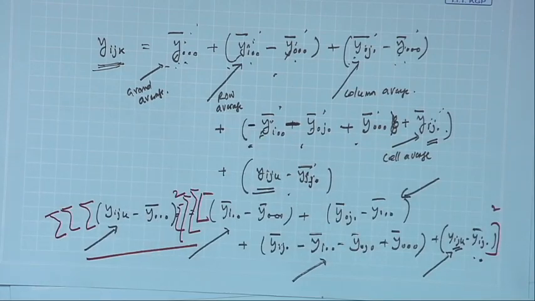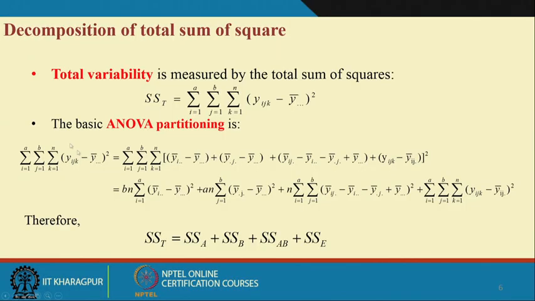So let us see the slide here. On the left hand side, the individual observation is subtracted by the grand average, and when we take the square, this is known as the sum of squares total. When you expand this quantity and take the appropriate sums, the cross term products will vanish. What remains are only these four terms.